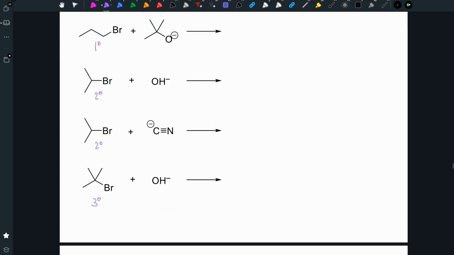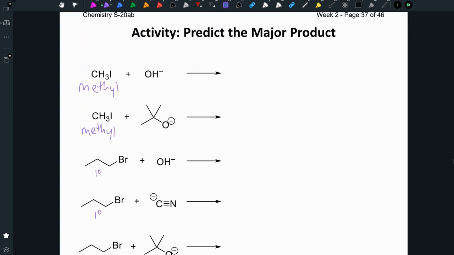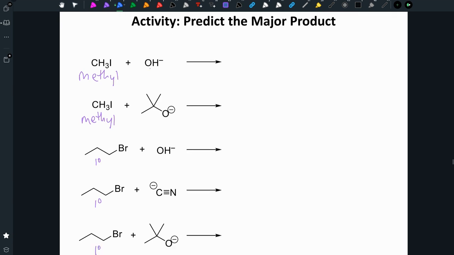So I'm already thinking methyl, great for SN2. Basically anything will do SN2 with a methyl. So then I look at my other reactant. I'm going to look at two things: are they a good nucleophile and are they a strong base? So my first one, OH minus, is both a good nucleophile and a strong base.